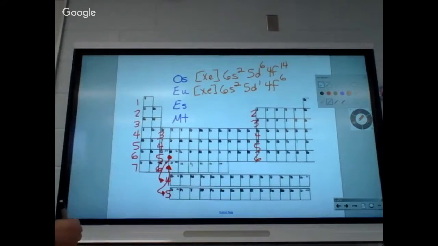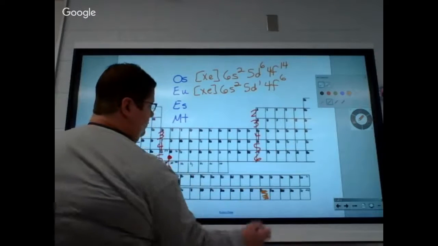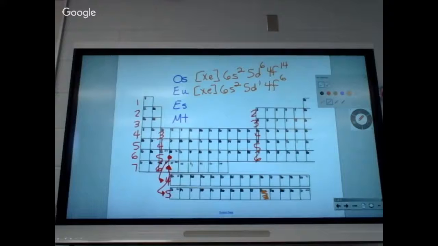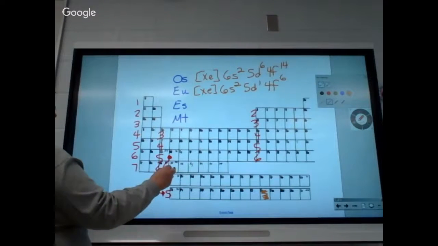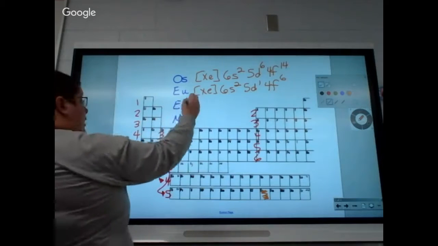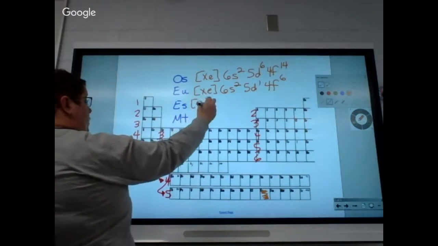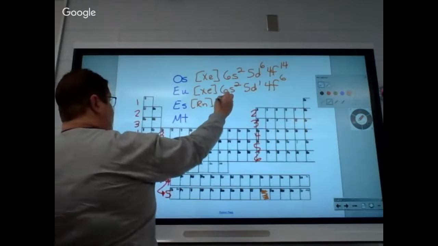All right, so ES. ES is way down here at the bottom. Right there. Okay, so this time, this whole row is the what? It's the triangle. So what noble gas is before the triangle? So we're writing RN. What comes after the RN? 7S2.